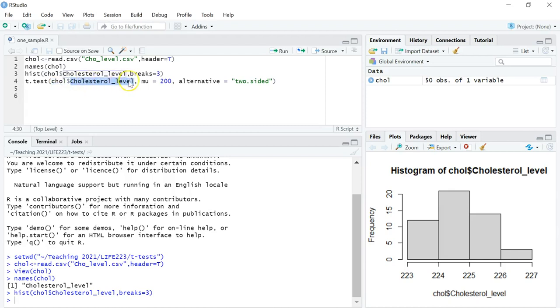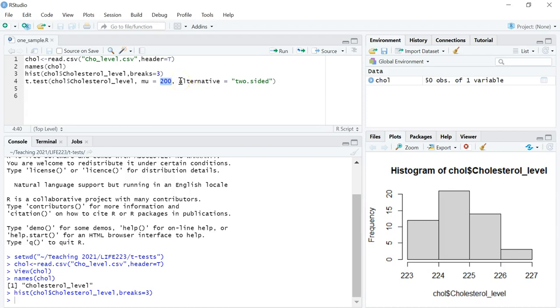So we want to look at the cholesterol level within this cholesterol data set. And we're using mu, which stands for the mean, and we're testing that against that mean of 200. So we want to know whether those values that the researchers have collected are different or the same to that 200, which is deemed to be the recommended or a good amount of cholesterol in your blood.